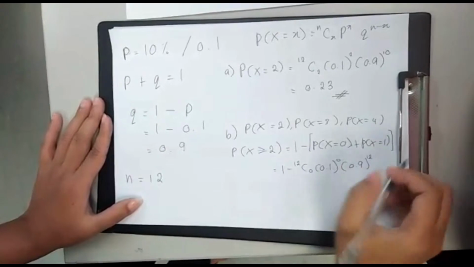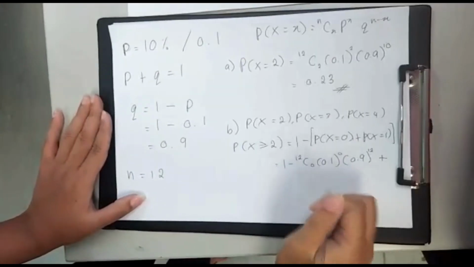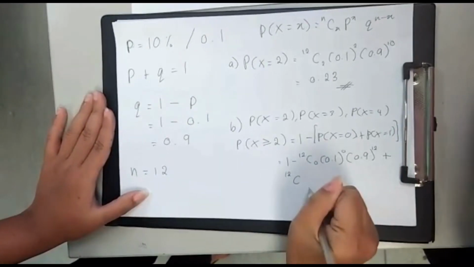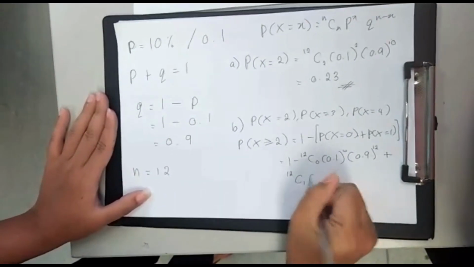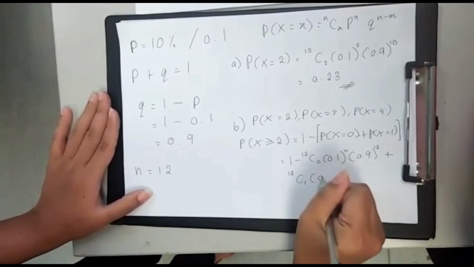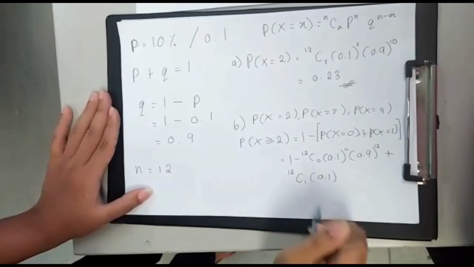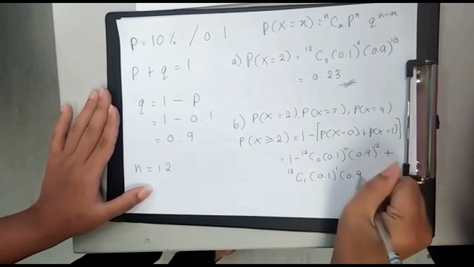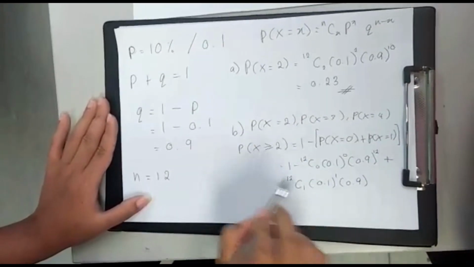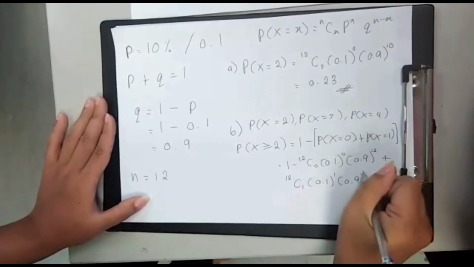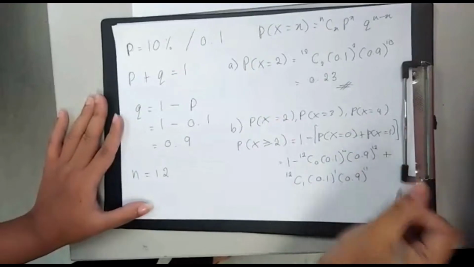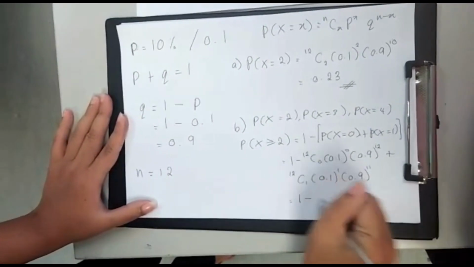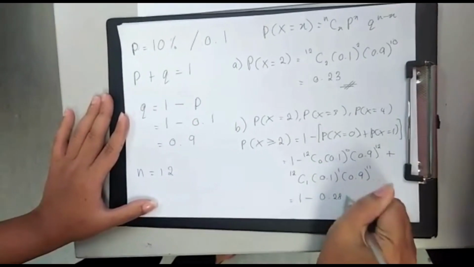And for this part, we just do the same thing: 12C1, and the probability of success is 0.1 to the power of 1, and the probability of failure is 0.9 to the power of 11. So when we do this, we get 1 minus ... 0.282.